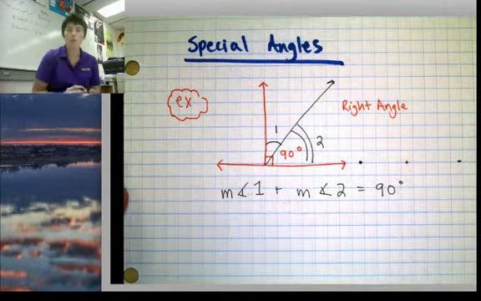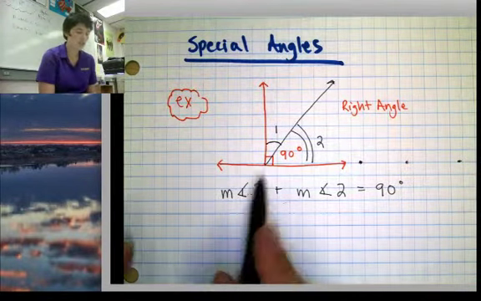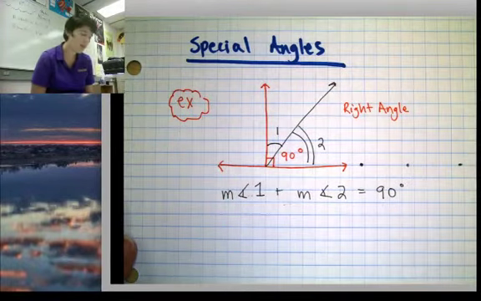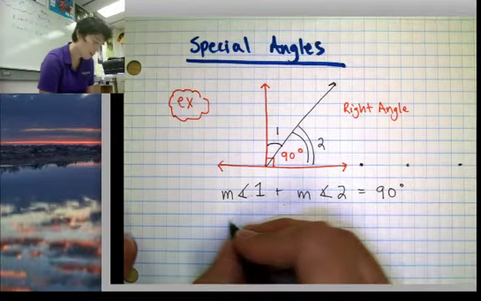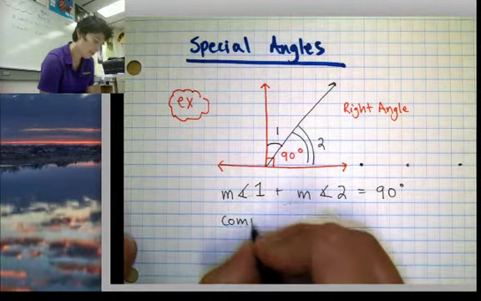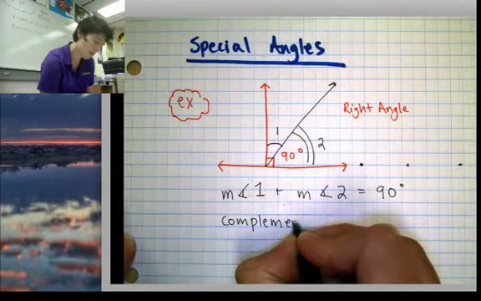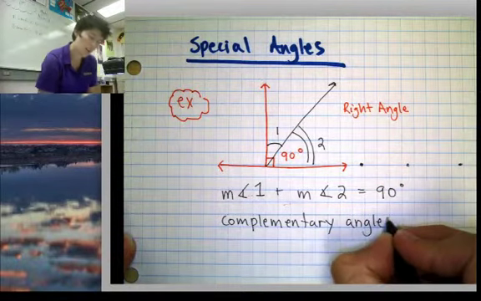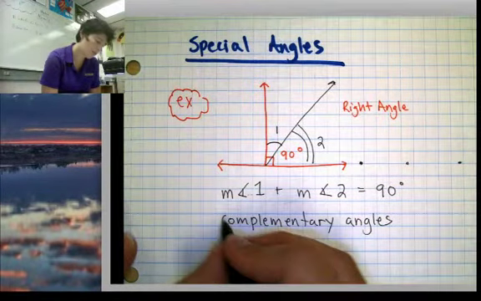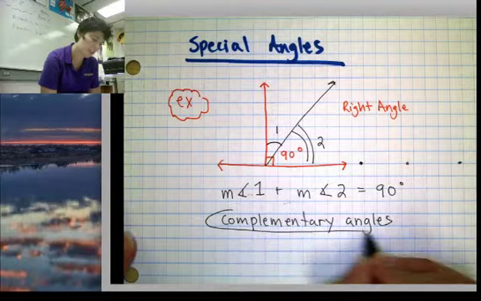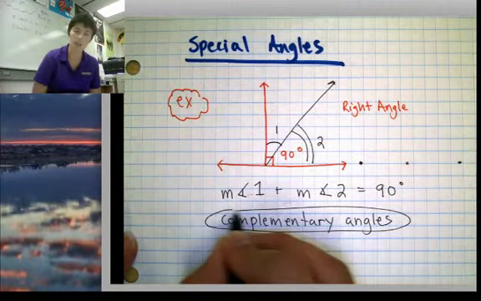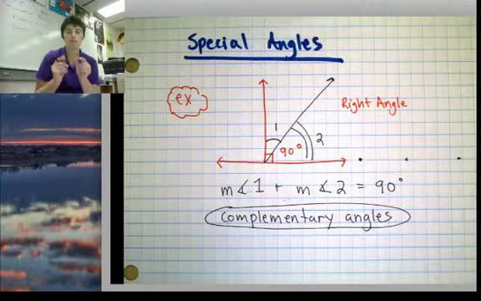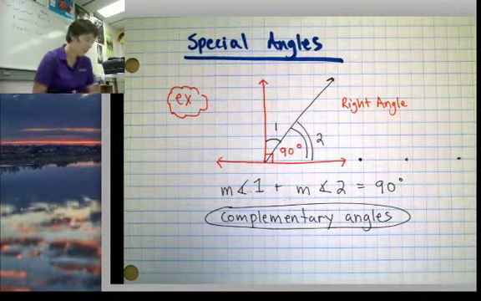When you take a 90-degree angle and you split it up into 2 angles or 3 or 4, then we have a name for this. This is called complementary angles, and this is something you should memorize. Complementary angles. In geometry, this comes up a lot. If somebody asks you what a complementary angle is, you have to know, okay, it's when I have 2 angles whose measures add up to 90 degrees.